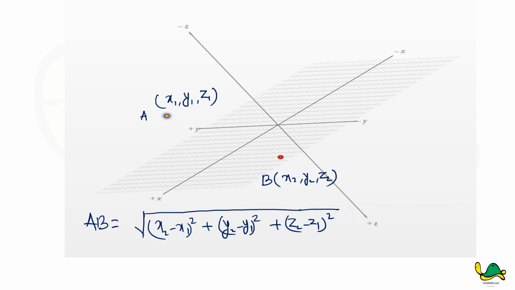We can derive this by using the Pythagorean theorem in three dimensions. Now, since you have understood the distance formula in 2 dimensions and 3 dimensions, let's take an example of applying the distance formula in 3 dimensions.